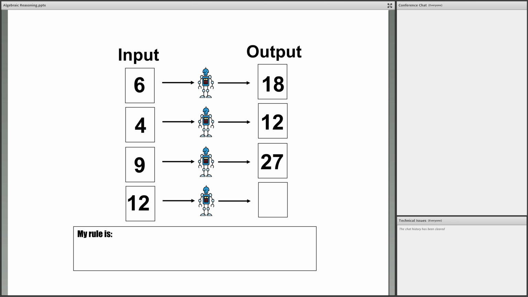And again, you want them to predict, and this time you're asking them to predict, but also explain why they think that is going to be the output. And then it's 36, and then you ask for anyone to tell you what they think the rule is. And we have a really specific way of stating the rule. So the rule is the output is equal to the input times 3.